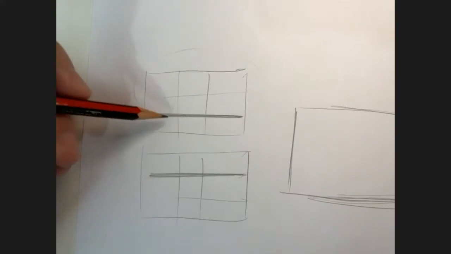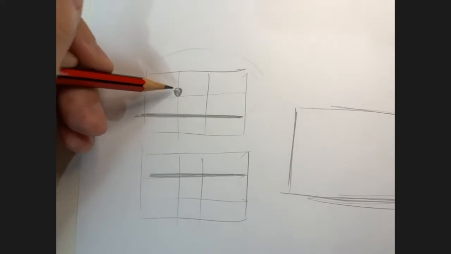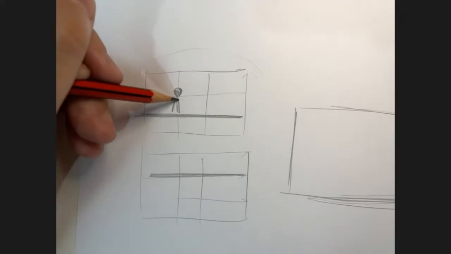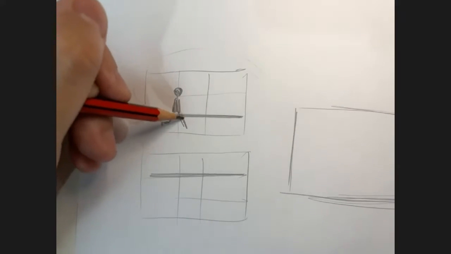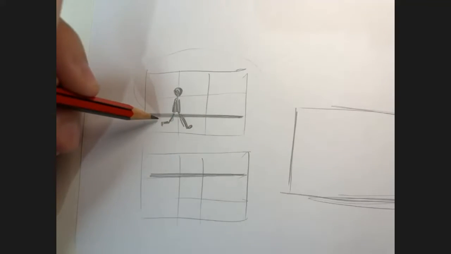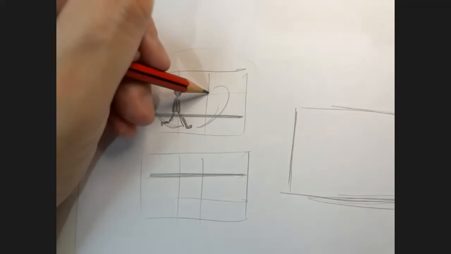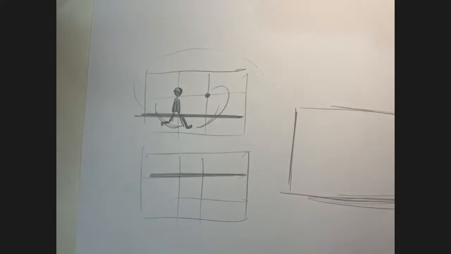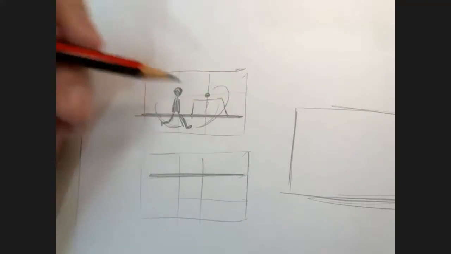So if we did the example of someone playing soccer, put their head in that intersection, and maybe they're running along like that, or maybe they've just kicked the ball, and then you could do the ball flying through the air and maybe being up in that intersection, and maybe that's where their goals are back there, something like that.